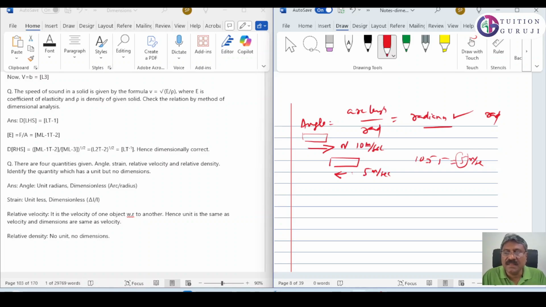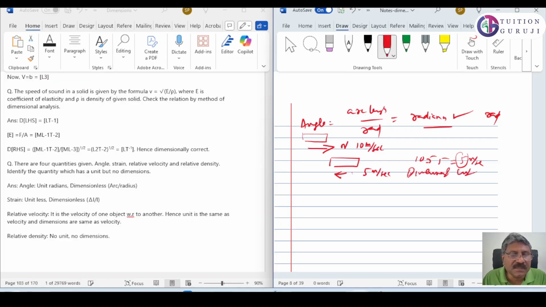So relative velocity is the velocity of one object with respect to another. It has dimensions same as velocity, and it has a unit also. It has dimensions and unit both.